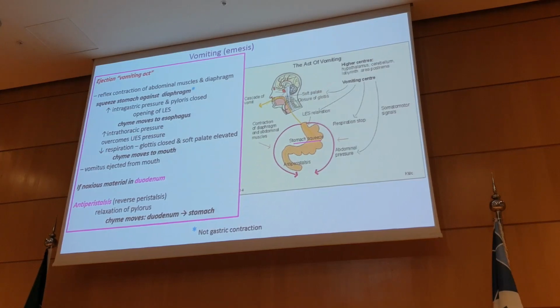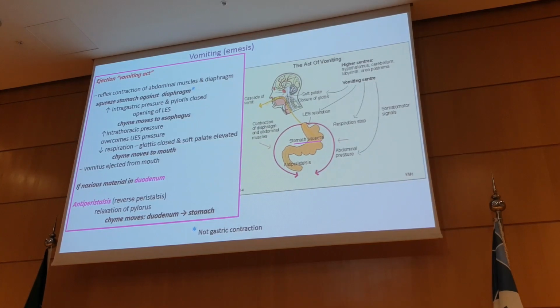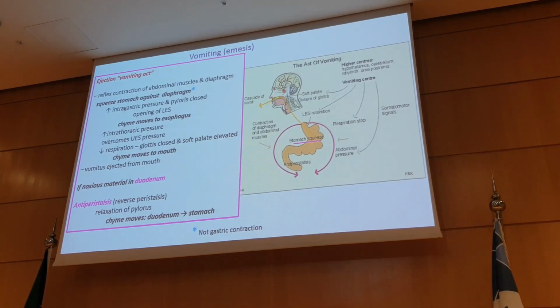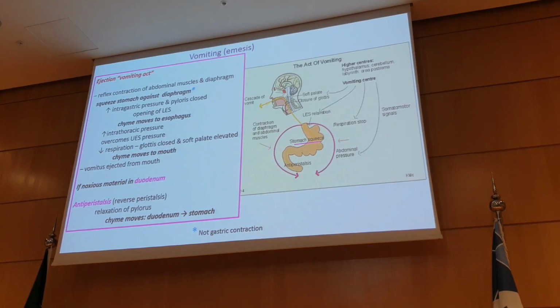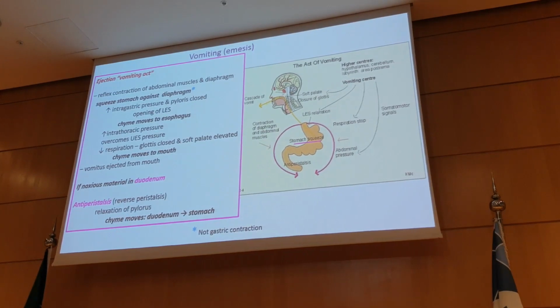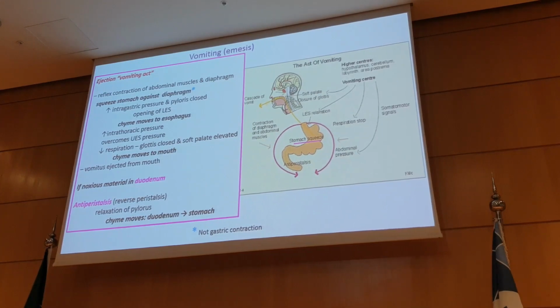Okay, now you remember swallowing. You have to turn off respiration because they're using the same pathway in here that you can breathe or swallow, right? It's the same intranasal pathway. Usually it's closed off sufficiently, and it's not a problem, but sometimes if you have a real strong contraction, people will vomit not just through their mouth, but also out of their nose, okay?